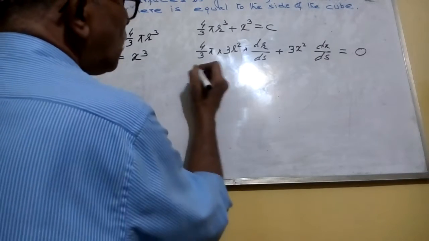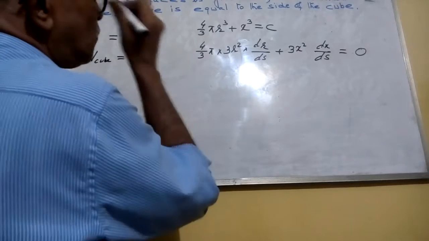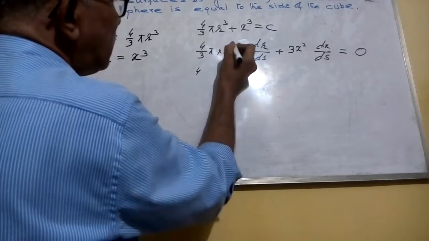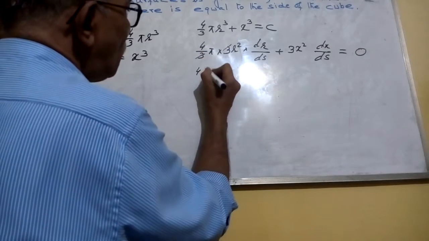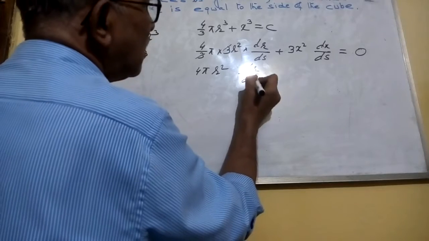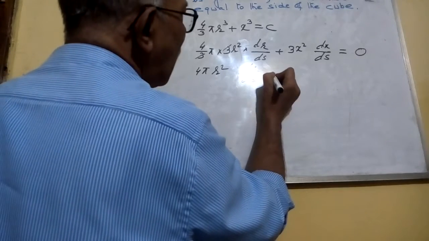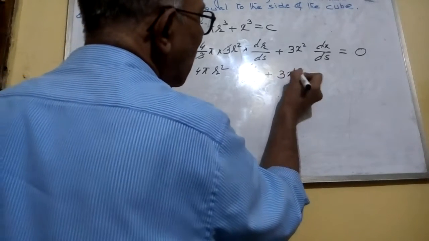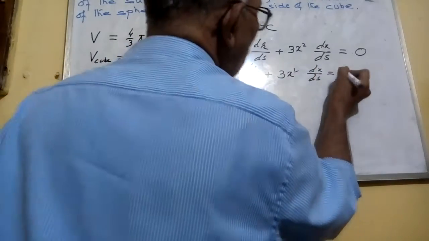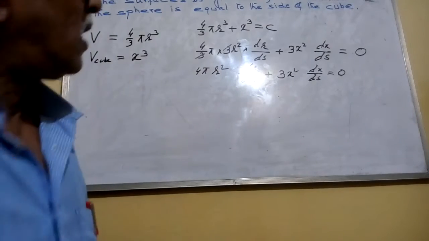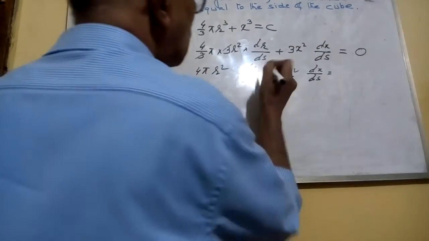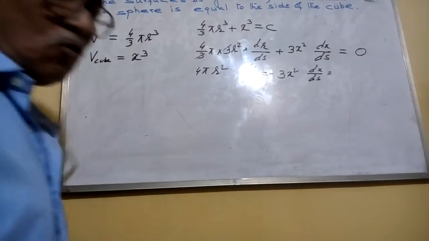From this side, what we get, 4 and 3 we can cut, 4πr² dr/dS + 3x² dx/dS = 0, or we can write this one equals minus of this one.